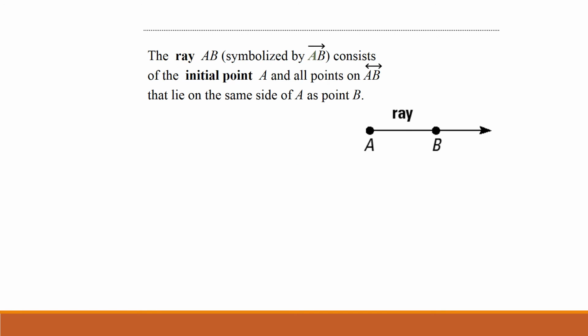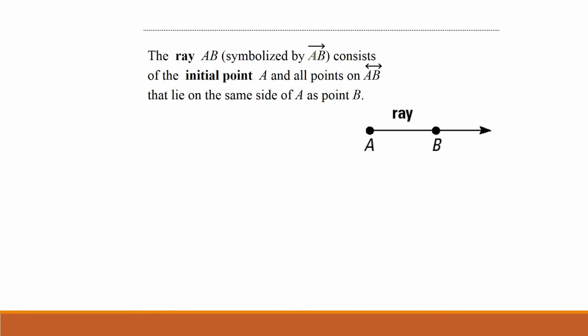Okay, now a ray, notice its symbol. It has AB with the arrow on top. Now that arrow never changes. It always goes in that direction. What tells which direction I'm going is your initial point. Now in this case, the initial point is A because it's the endpoint. Okay, and then it's passing through B. Now it could be any letter.